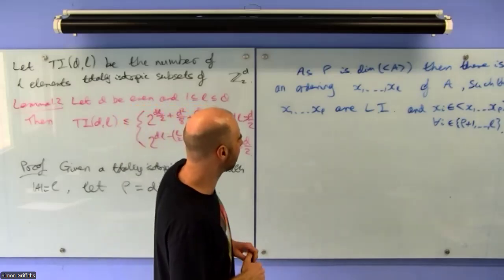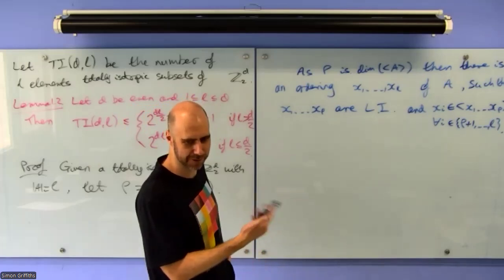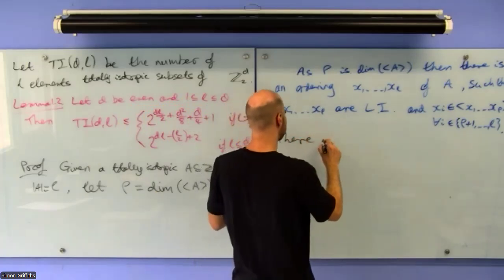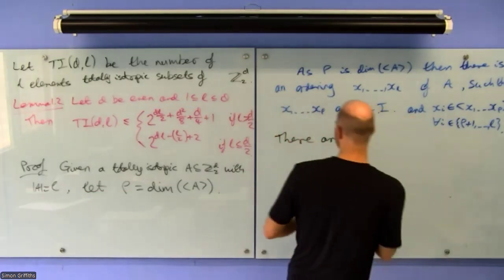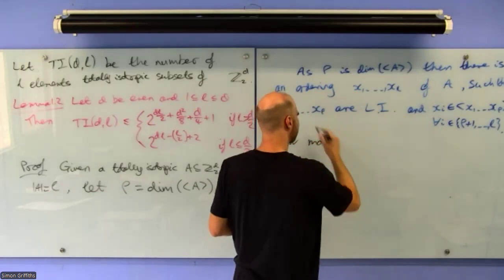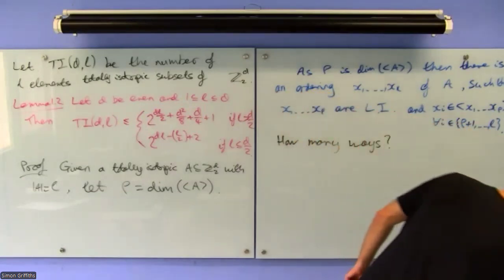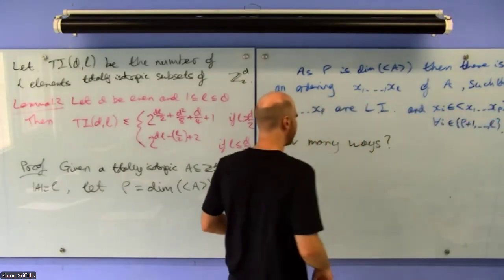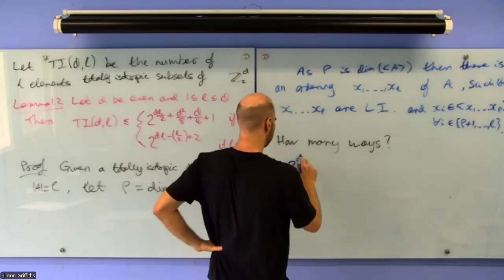So we can use this to count how many of these sets have a certain dimension rho. How many ways are there to do this procedure? Well, for the first, you have at most 2 to the D options.